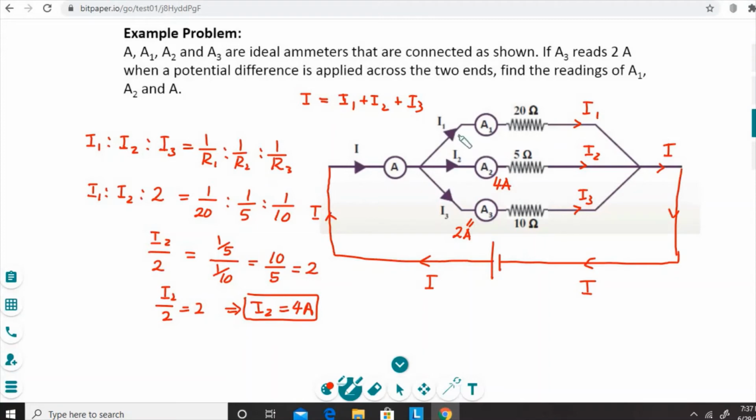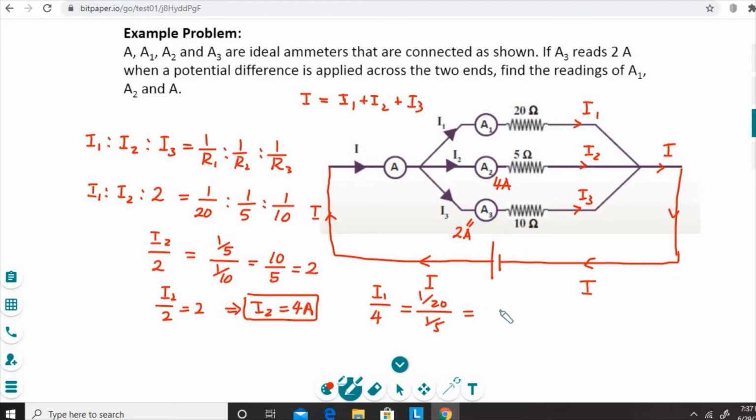Now for I1, the current through resistor 20 ohms, in a similar way I can compare currents I1 and I2, because I know I2 is 4 amps. So I have I1 over I2, which is 4, equal to 1 over 20 divided by 1 over 5.